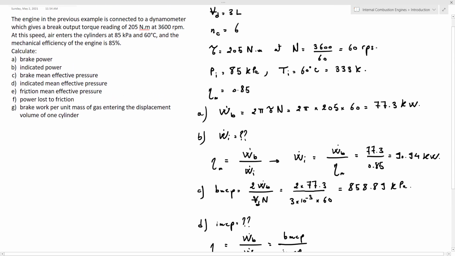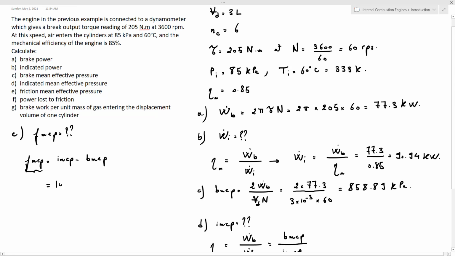Now, in part E, we need to calculate the friction mean effective pressure, the FMEP. So as we said, the friction mean effective pressure is the difference between the IMEP and the BMEP. So the friction mean effective pressure will account for the mechanical friction losses, for the pumping losses, and for the accessory power needs.